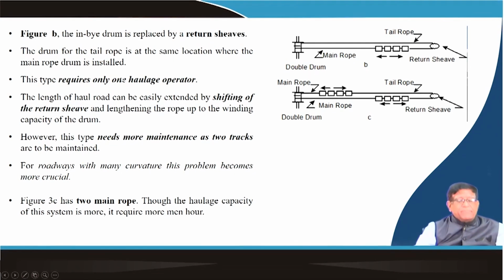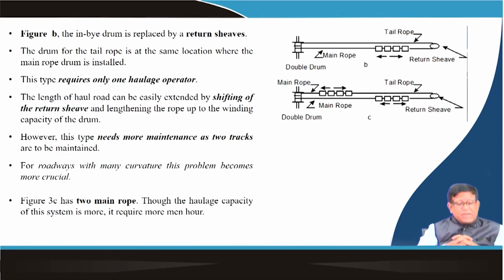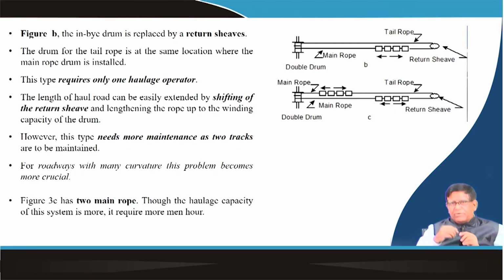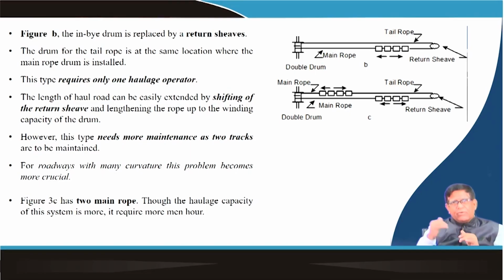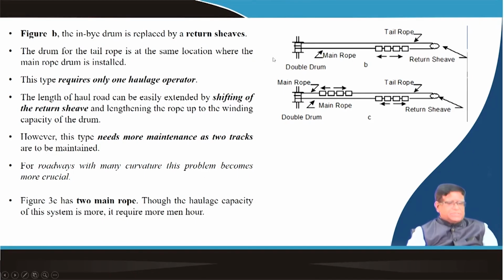So, the drum for the tail rope is in the same location where the main rope drum is installed, that is the same drum, and this type requires only one haulage operator. In the earlier one you have seen one haulage drum inby and one outby. So, they were having two, but here only one engine, and one person can operate that system.